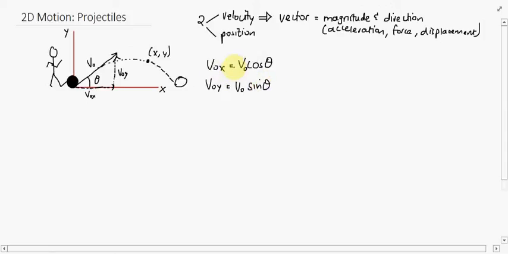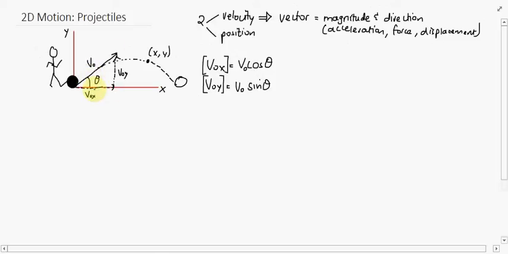And you might be asking, well, where on earth do I get this from? Remember, these are magnitudes, so in essence it's describing the size of the initial velocity in the x direction and the size of the initial velocity in the y direction, which we can calculate by this specific formula.